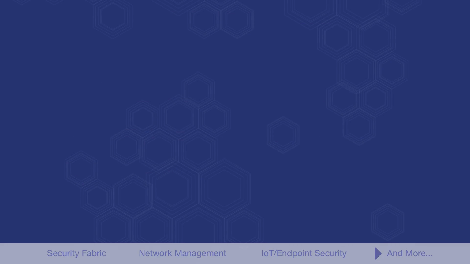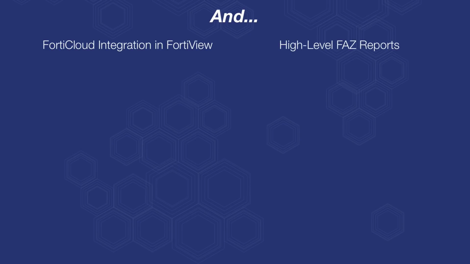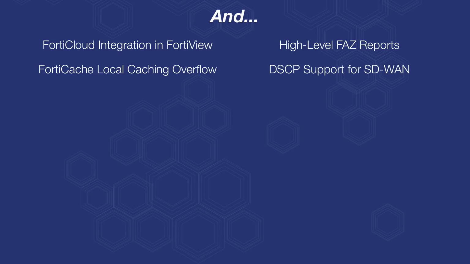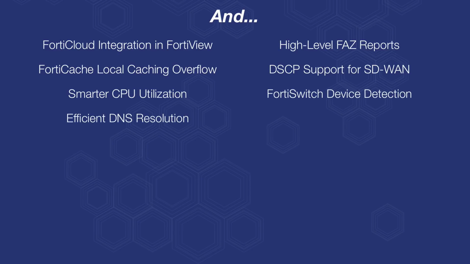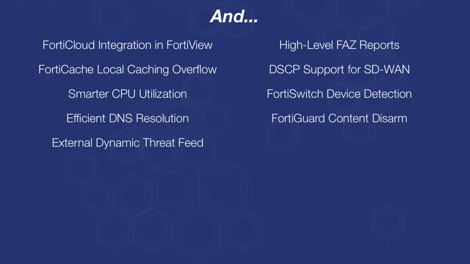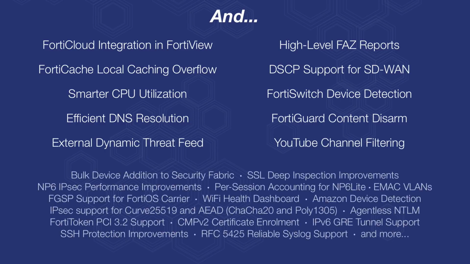And that's only what we had time to mention. 6.0 also includes FortiCloud integration in FortiView, high-level FortiAnalyzer reports, FortiCache local caching overflow, DSCP support for SD-WAN, smarter CPU utilization, FortiSwitch device detection, efficient DNS resolution, FortiGuard content disarm, external dynamic threat feeds, YouTube channel filtering, and much more.